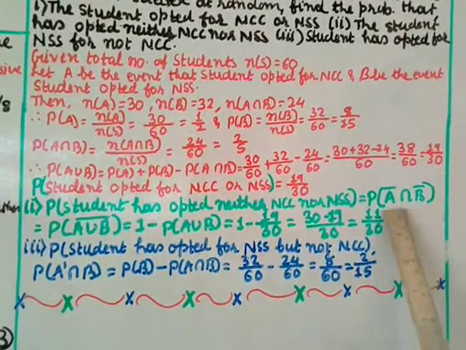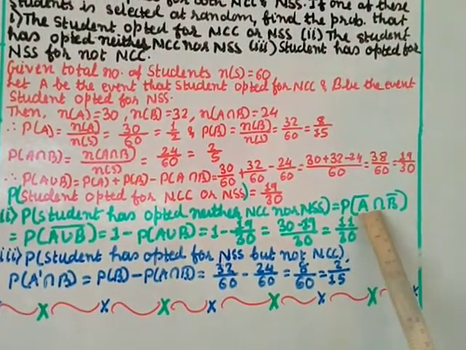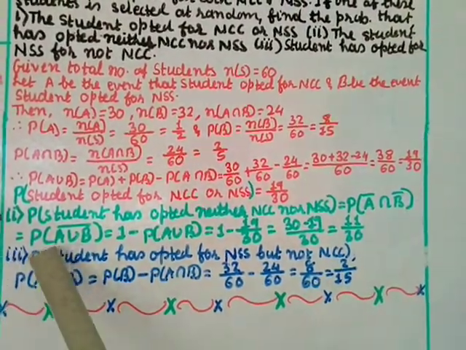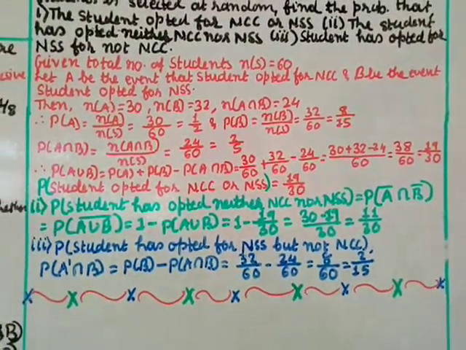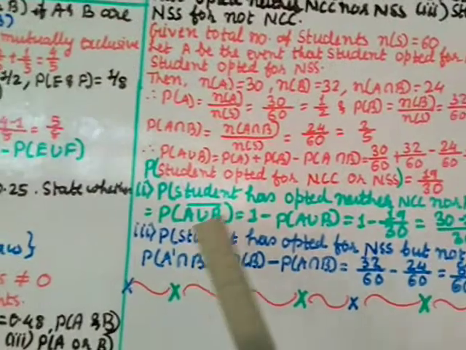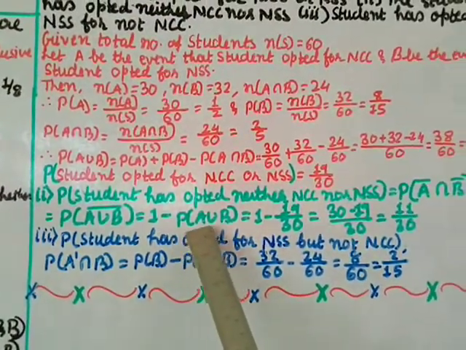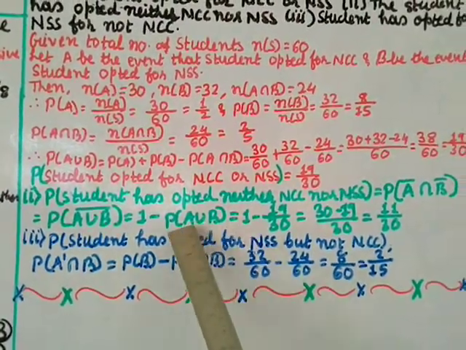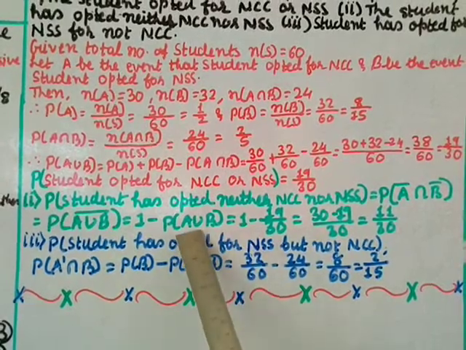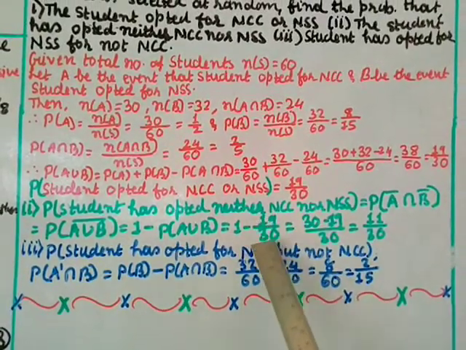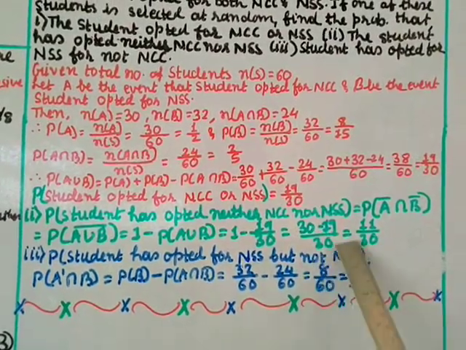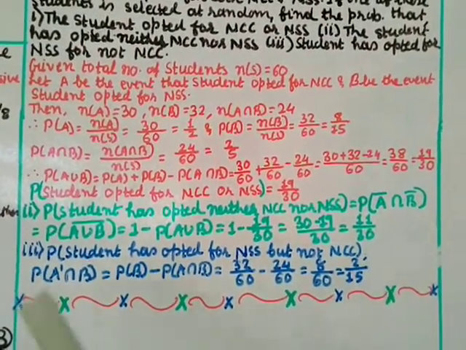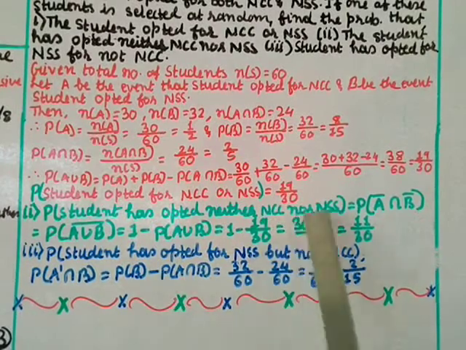P of not A intersection not B will be P of not A union B. This is De Morgan's law, which we applied previously. This can be written as 1 minus P of A union B equal to, this value is 1 as it is, and this value, from here, is 19 by 30. So take LCM. So 30 minus 19 by 30 gives you 11 by 30. So this is the probability of student has opted neither NSS nor NCC.